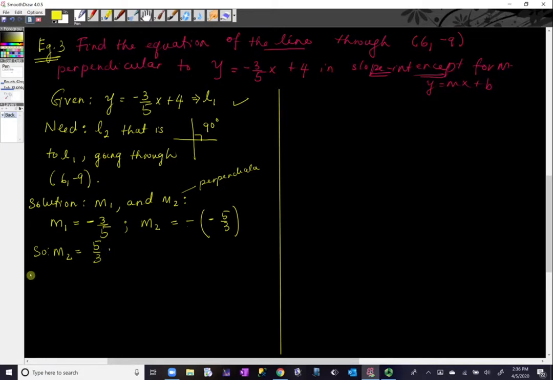This tells me that my line 2 equation should look like this. Y equals mx plus b, and it's going through a point which is 6, -9. We did this in the first example that I lectured. So I can rewrite this as y equals 5/3x plus b.